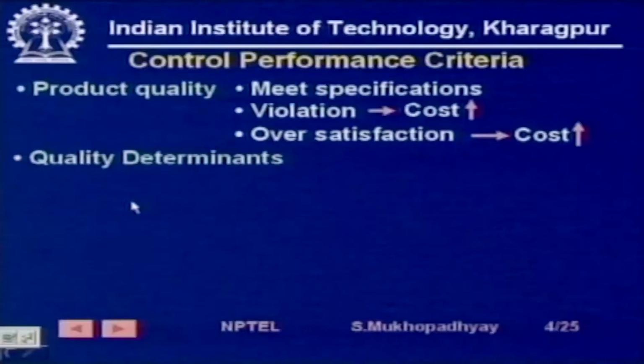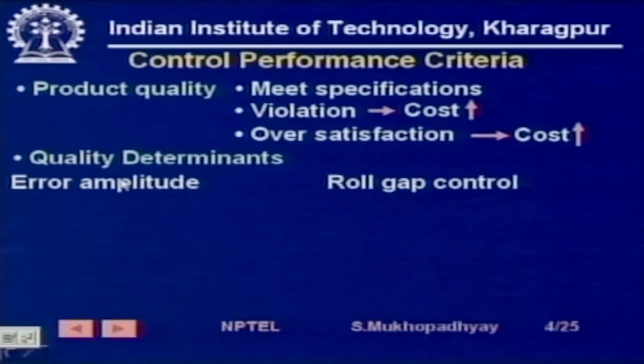So, having said that, let us see how the performance of a control loop in various applications can actually decide the product quality. We are looking at the quality determinants. For example, let us look at a rolling process.